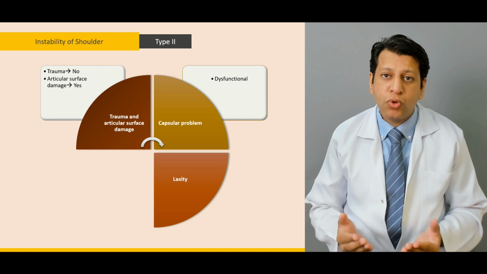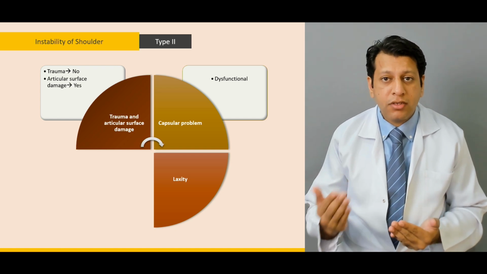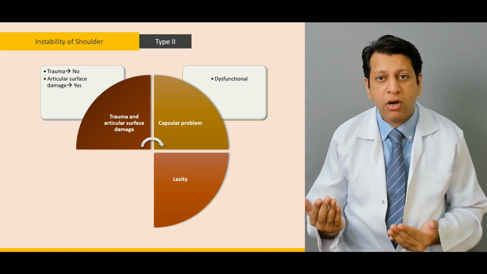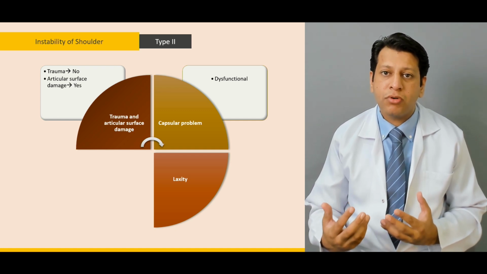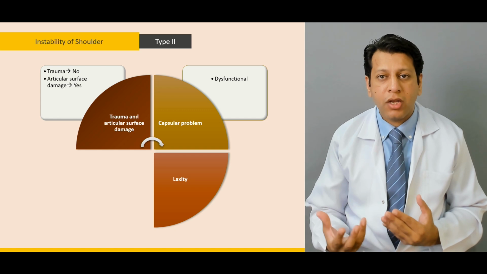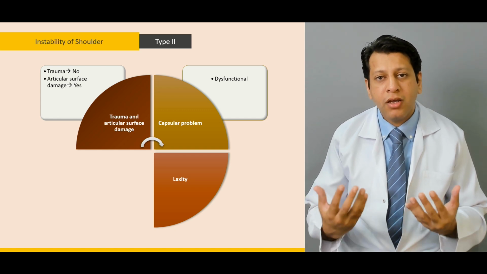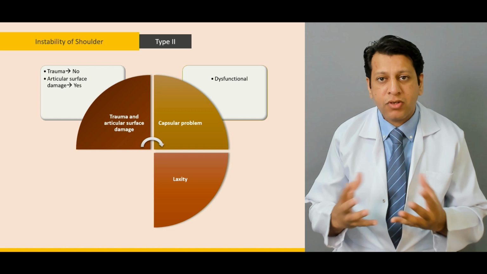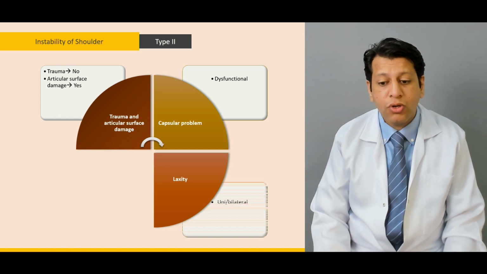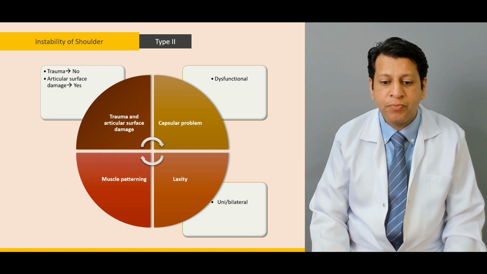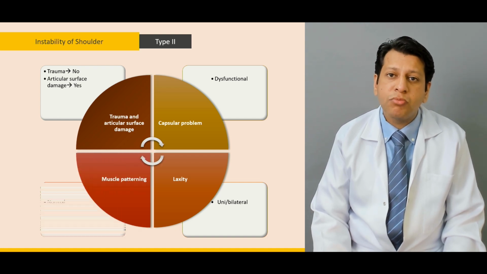If the problem was traumatic, happened quite a long time ago, and now the patient feels laxity and capsular dysfunction, it is most likely unilateral, but it could be associated with some structural abnormality which could be bilateral as well. Muscle patterning in this case is mostly normal.